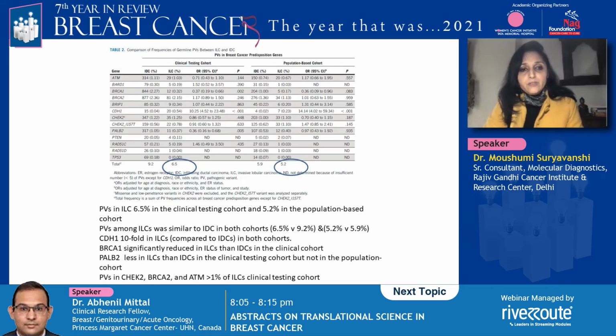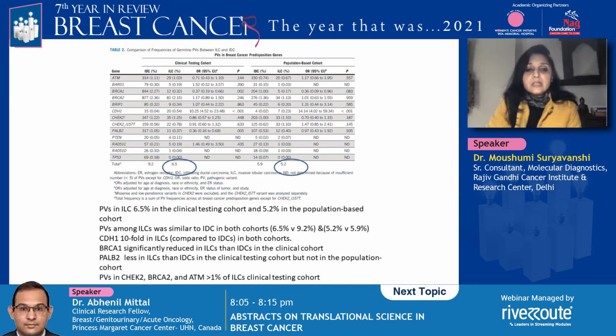What they found is that pathogenic variants in the lobular carcinomas were 65% in the clinical cohort and almost the same in the population cohort. The variation, they say, is because of the data keeping. The pathogenic variants among lobular and ductal were also similar in both cohorts, and CDH1 was found tenfold more in lobular carcinoma compared to ductal carcinoma.